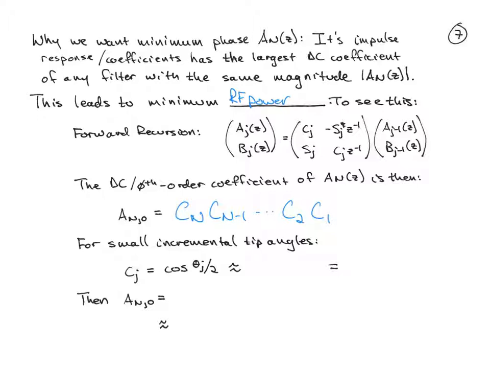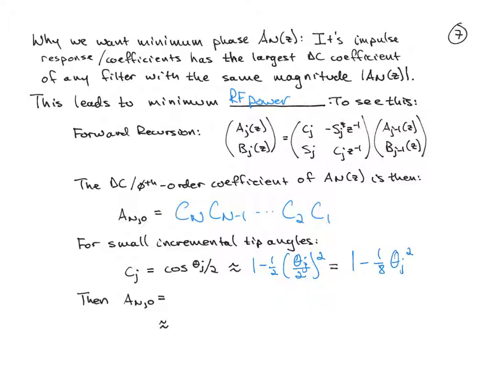For small flip angles, c sub j, which is defined as cos theta j over 2, is equal to 1 minus 1/2 (theta j over 2) squared by Taylor series, which is equal to 1 minus 1/8 theta sub j squared.